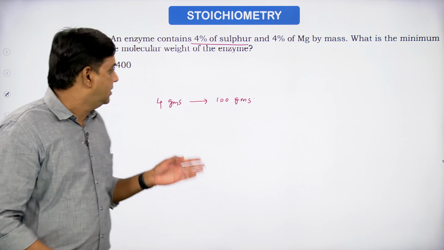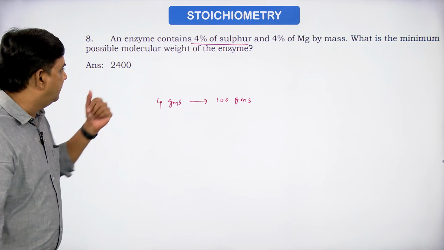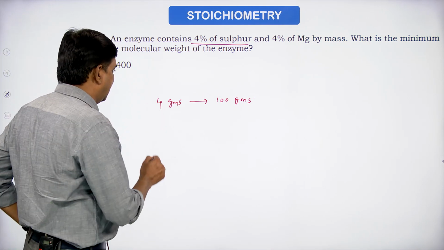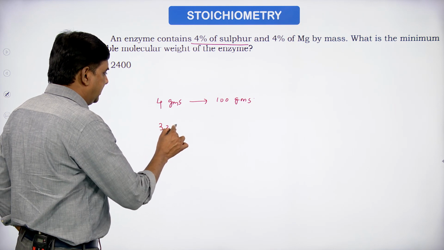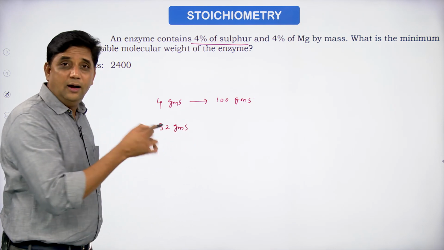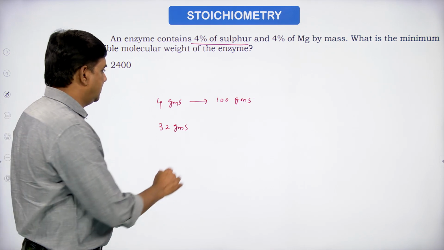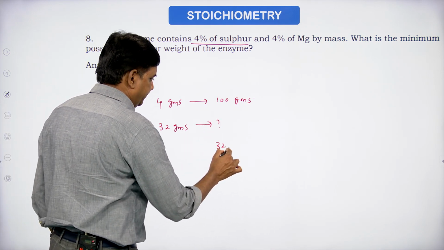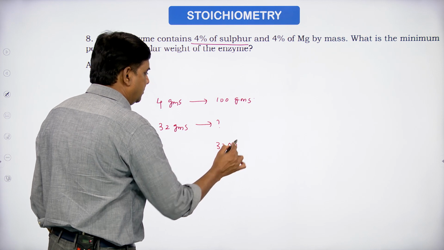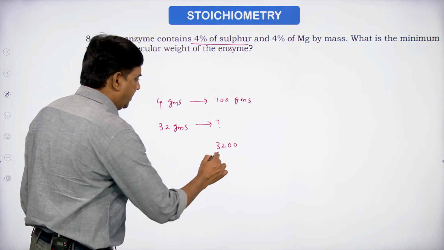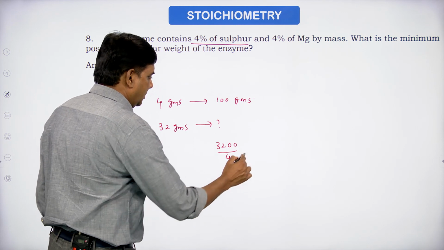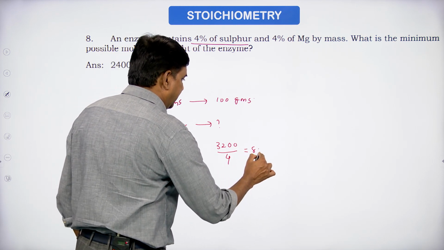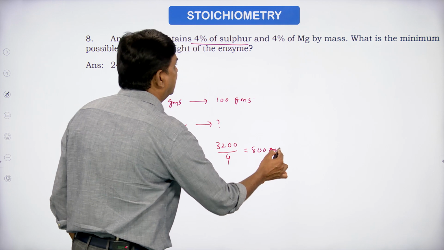Now let us solve with respect to sulfur. 4 grams is present in 100 grams; 32 grams, the atomic mass of sulfur, is present in how many grams? So 32 into 100 by 4, and this is 800 grams with respect to sulfur.